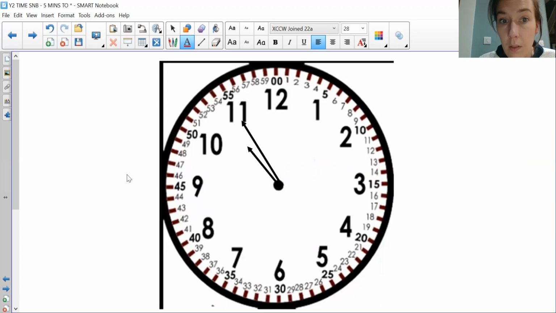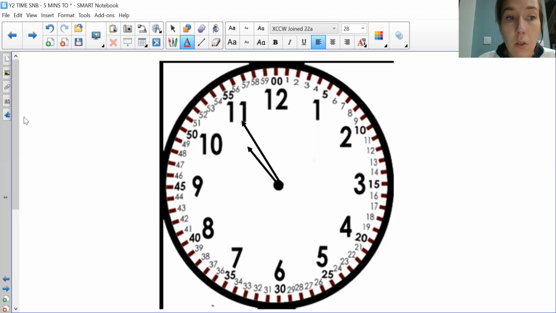Okay, let's have a look. Right, this one, the hour hand is getting very close to the 11. The long minute hand is on the 11, pointing to your 55 minutes again. If we were writing it as we were doing before, that time would be 5 minutes to 11, or 5 to 11.